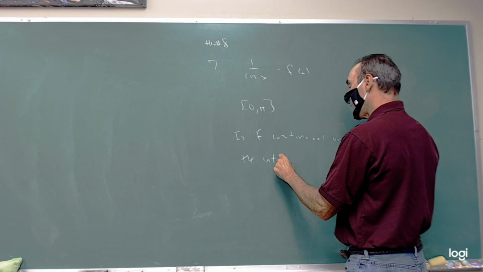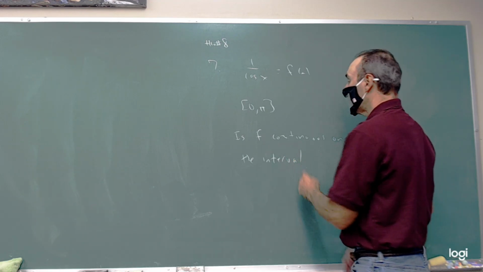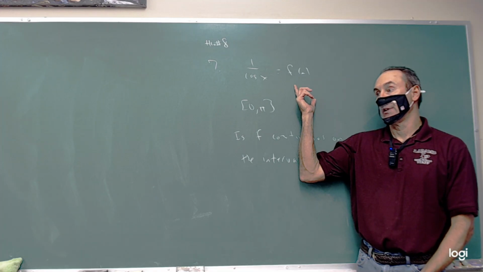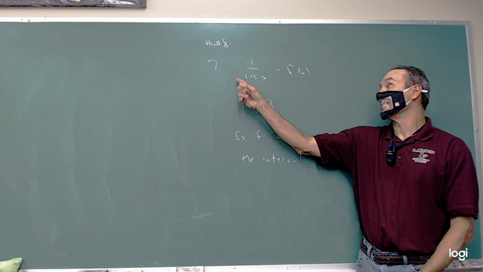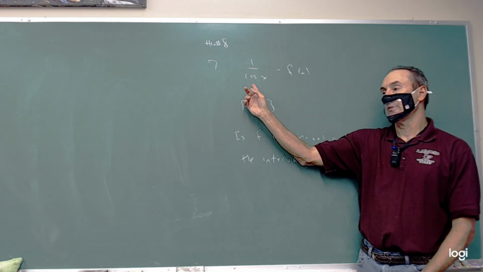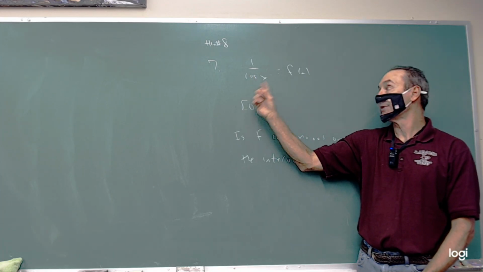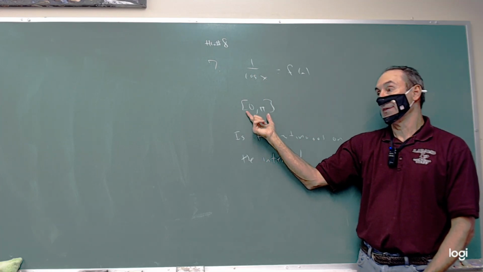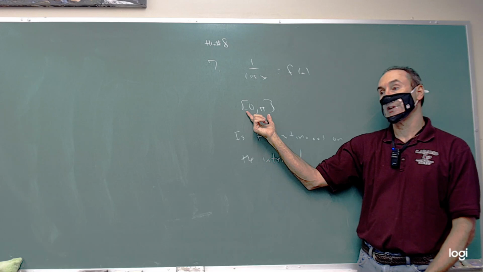So remember what you look for: the only way this can be discontinuous, since this is a continuous function over a continuous function, is if this denominator is 0. Now you got to think, where is cosine equal to 0?